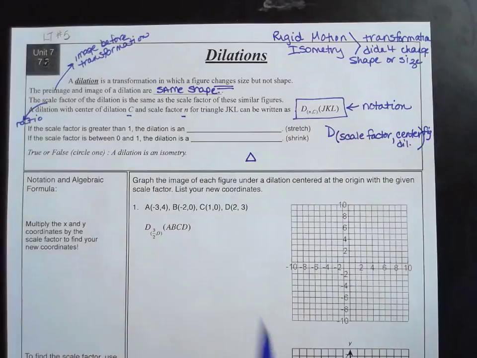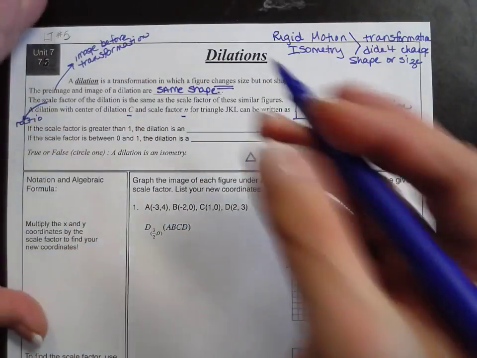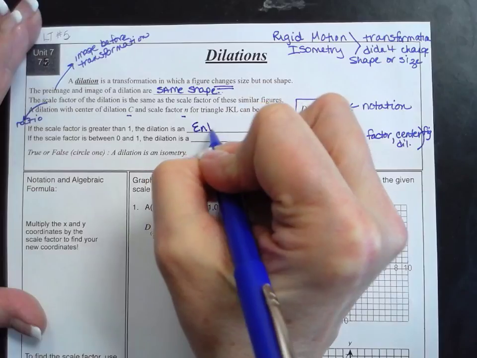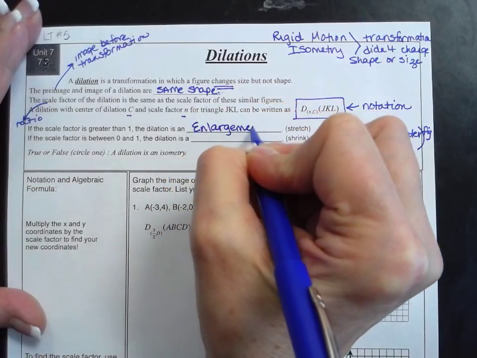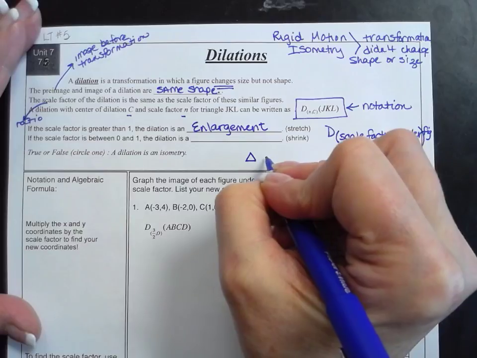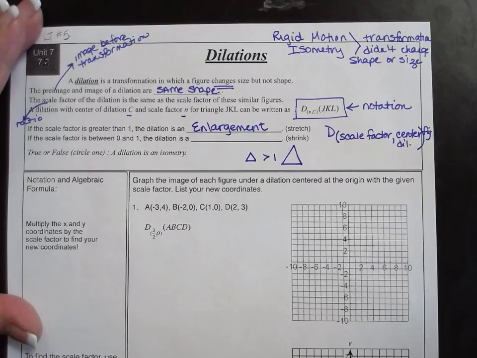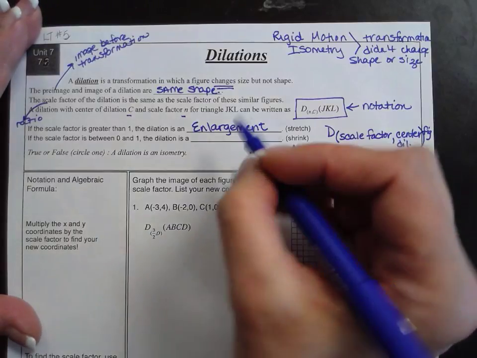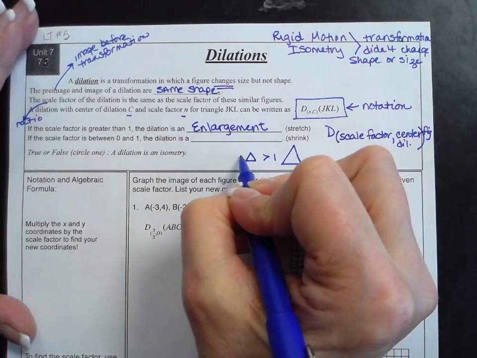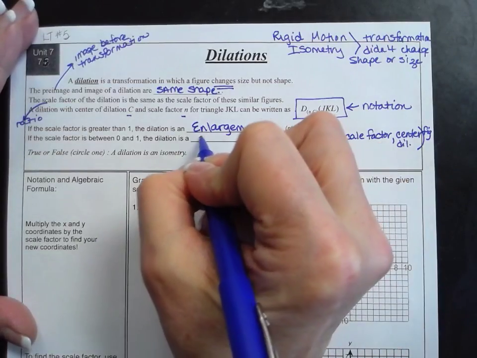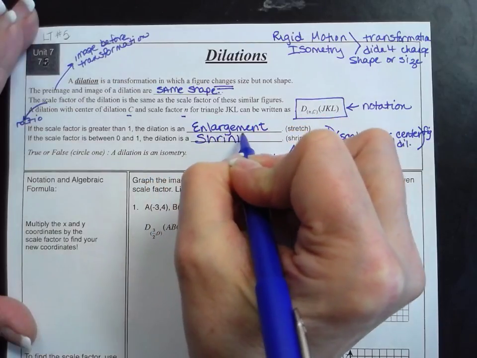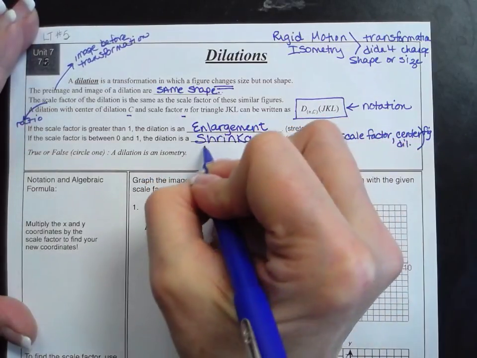Up. Up in size, absolutely. When it's greater than 1, it's an enlargement. So if it's less than 1, it's a what? It goes smaller. A shrinkage. That's exactly it. Or a reduction.